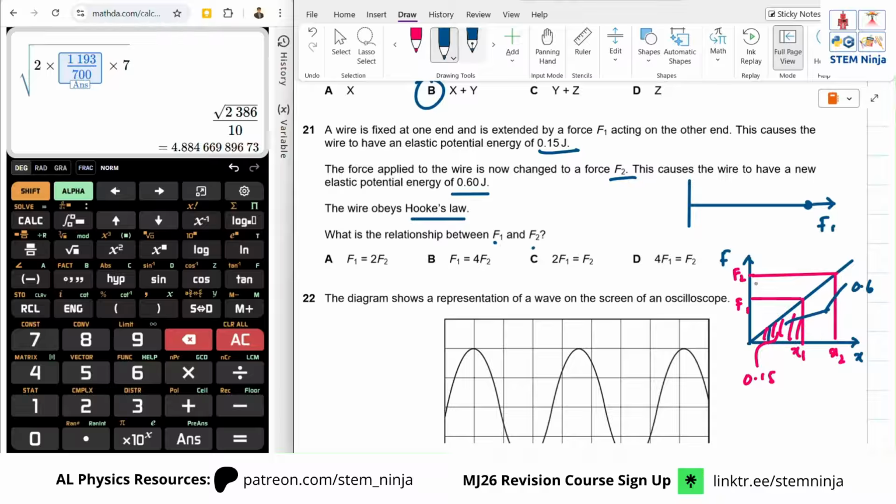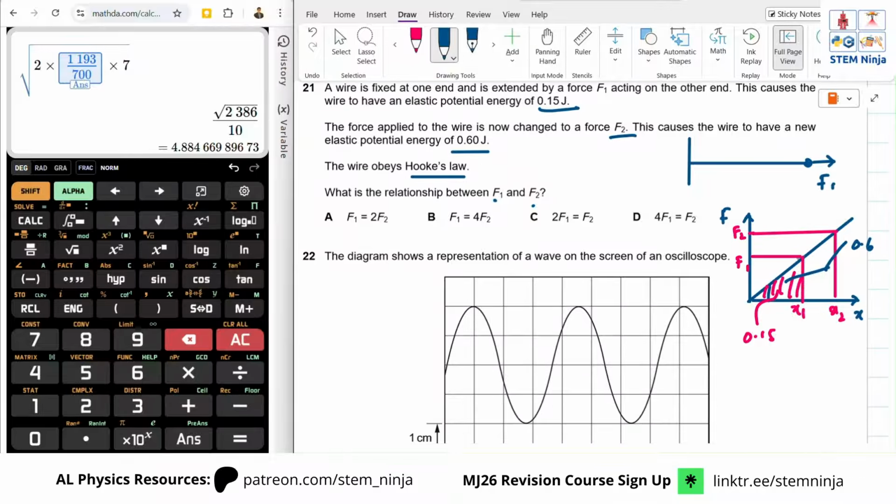So basically, we need to see how this works. It's a straight line, right? So obviously the triangles are similar because they have the same proportions. So area 1, area 2. Let's take a ratio between them because we need an answer in the form of a ratio.